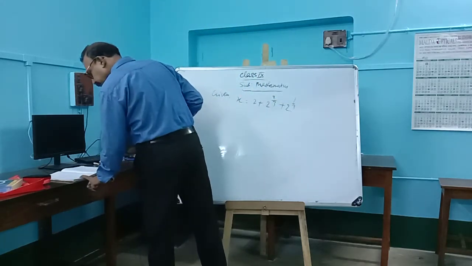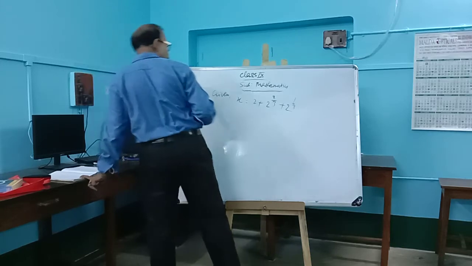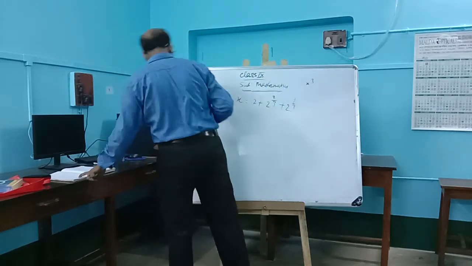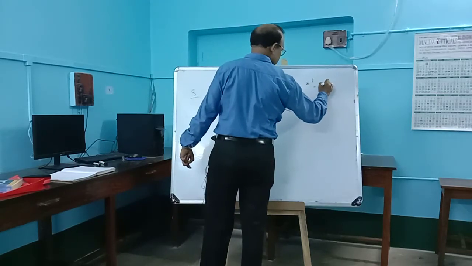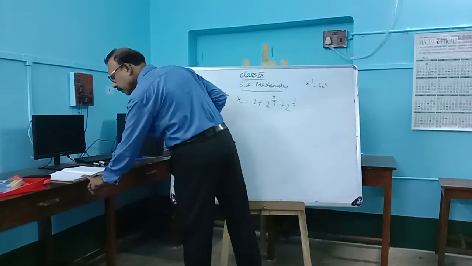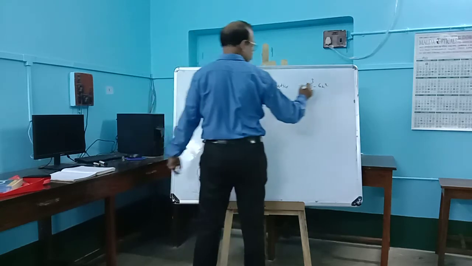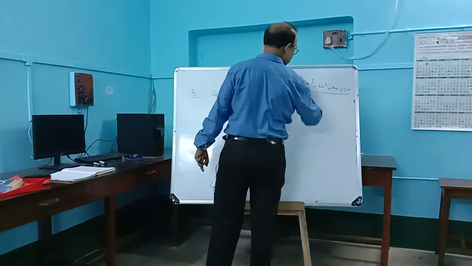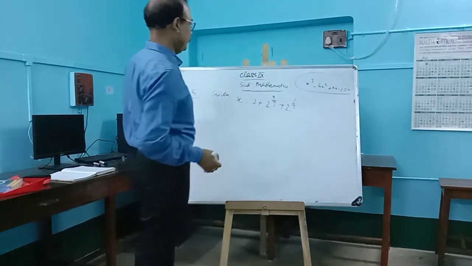Going to prove s cube minus 6s square plus 6s minus 2 equal to 0. Going to prove this one.